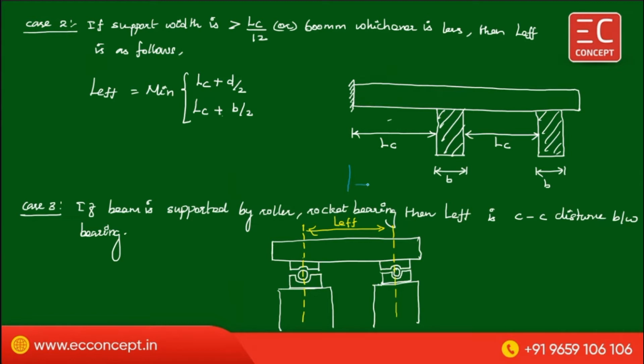For example, for span 1, this is the distance, Lc plus B divided by 2. That is the L effective. In a similar manner for this span also, considering these two supports are of the same width, L effective is Lc plus B by 2, with B being any one of the support widths.